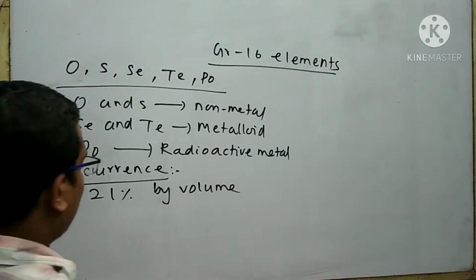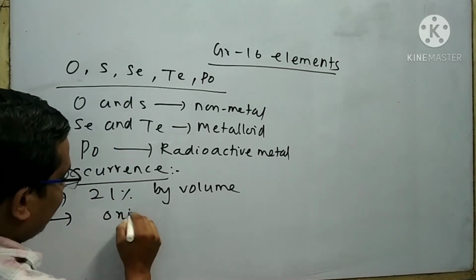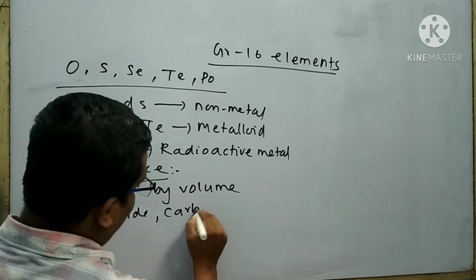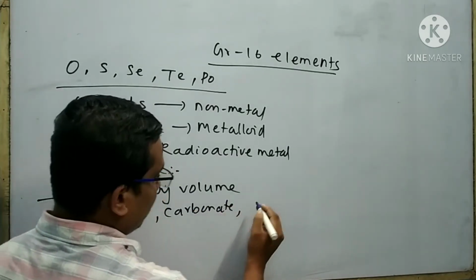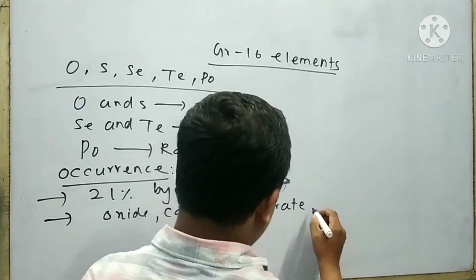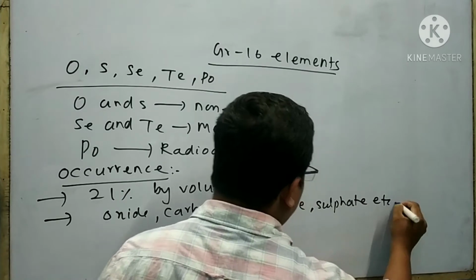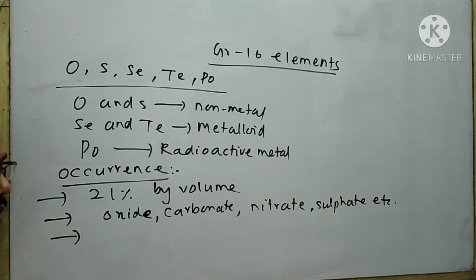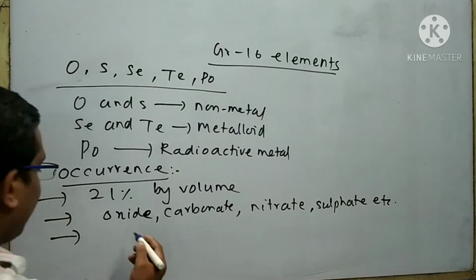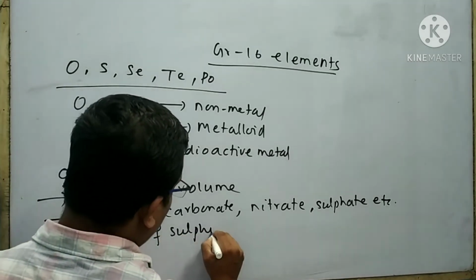Dioxygen is also available in the form of oxide, carbonate, nitrate, sulfate, etc. Sulfur is found in different ores of sulfur.